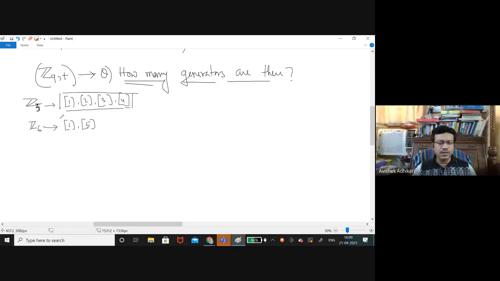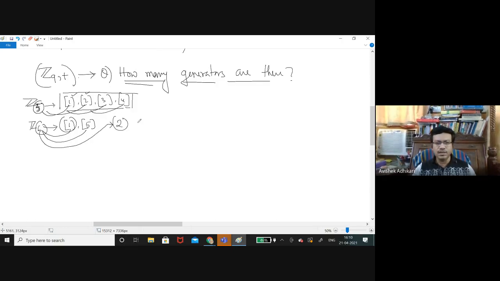But you can observe one thing, that all these elements, class 1, 2, 3, and 4, are relatively prime to 5. Relatively prime means GCD of 5 and any of them is 1. Similarly, 1 and 5, this GCD is 1. 5 and 6, this GCD is 1. But 2 and 6, their GCD is not 1.